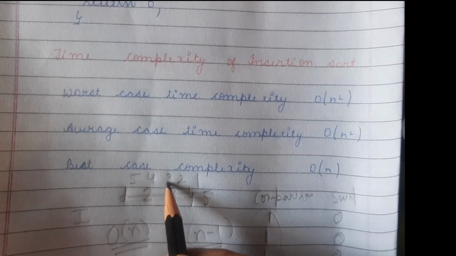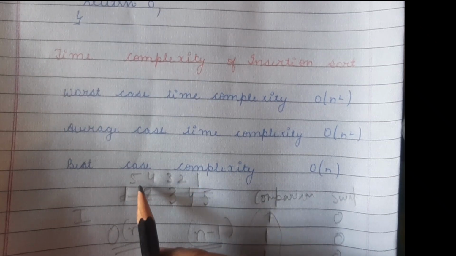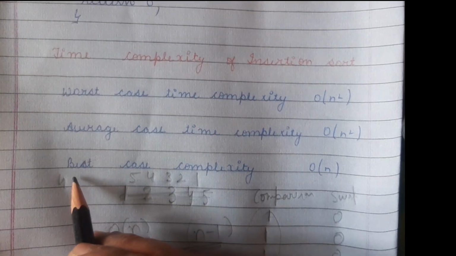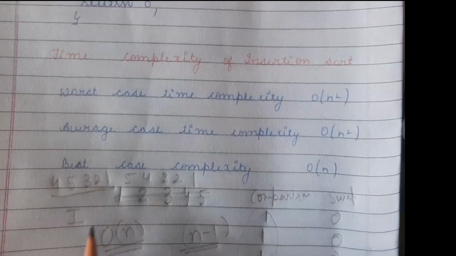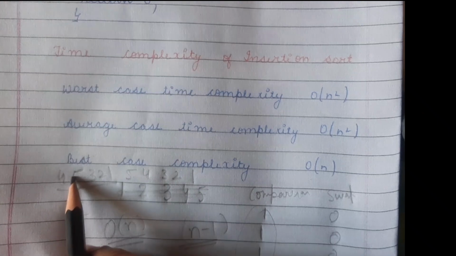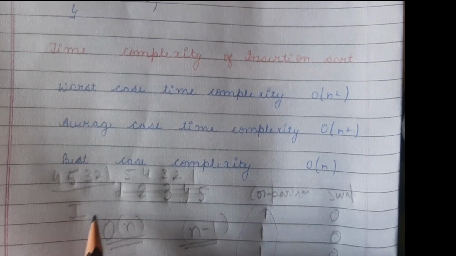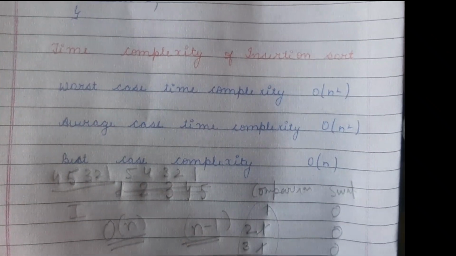After completing the first pass, the elements become 4 5 3 2 1. Then 3 is compared with all the previous elements. So here the comparisons become 2, here 3, here 4.